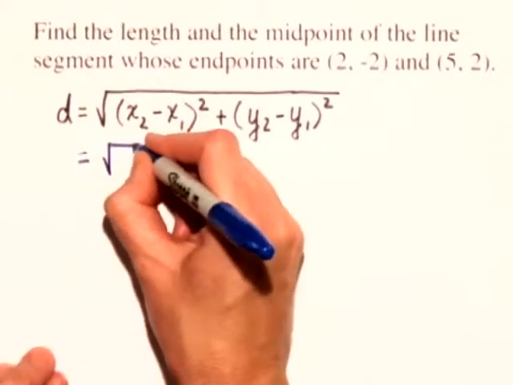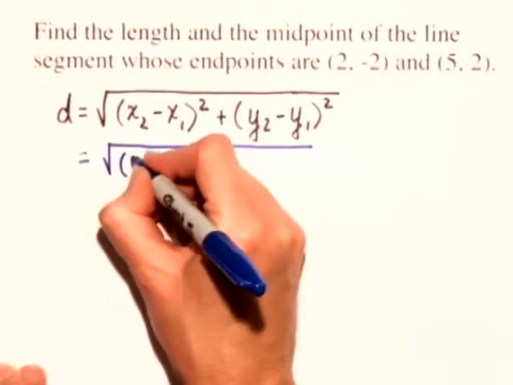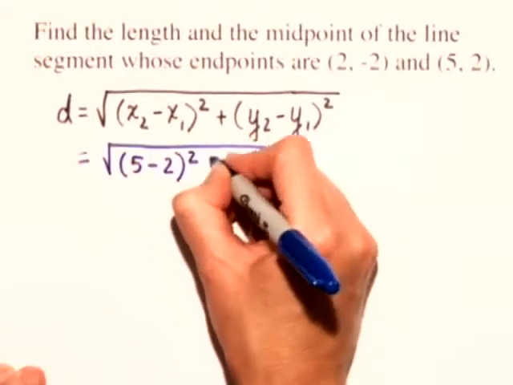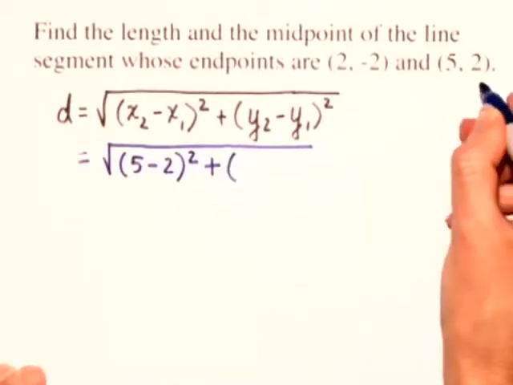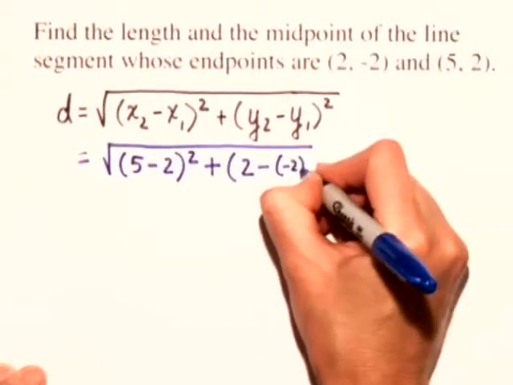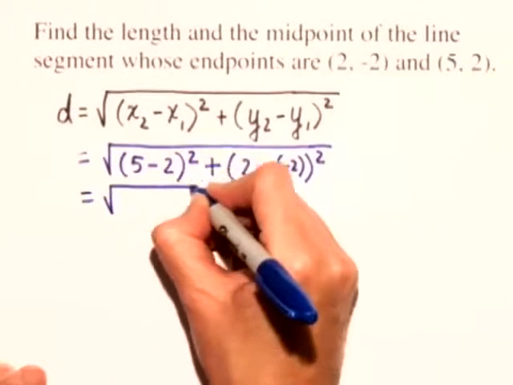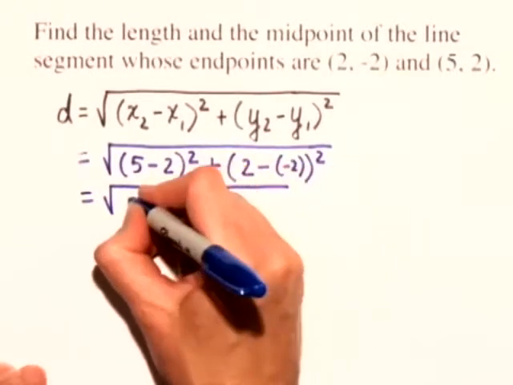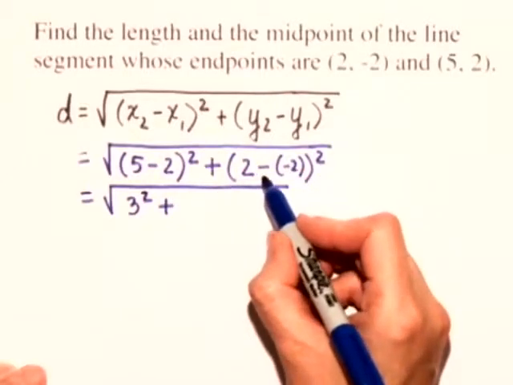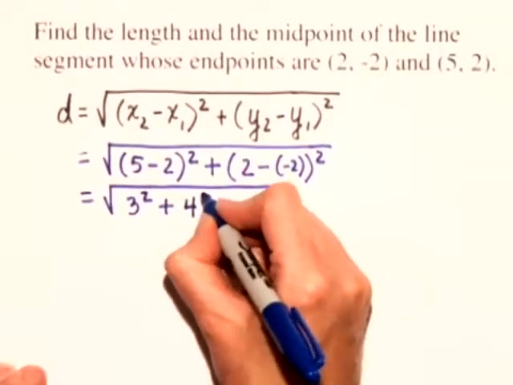And we'll get the square root of (x sub 2 is 5 minus x sub 1 is 2) quantity squared, plus (y sub 2 is 2 minus y sub 1 is -2) quantity squared. And that gives us the square root of 5 minus 2 is just 3 squared, plus 2 minus -2 inside the parentheses gives us 4 squared.